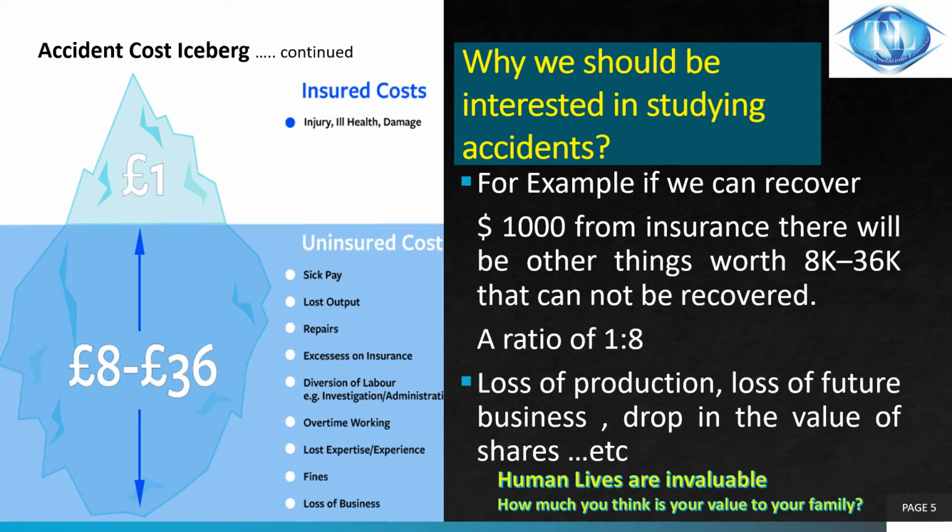Let's say it's a production company: loss of clients, loss of opportunities, bad reputation, all these things that cannot be insured. So that is coming to 1 to 8. For every dollar we can recover, there is $8 that we could not recover. Actually, here they say 8 to 36 even. So the minimum will be 1 to 8.